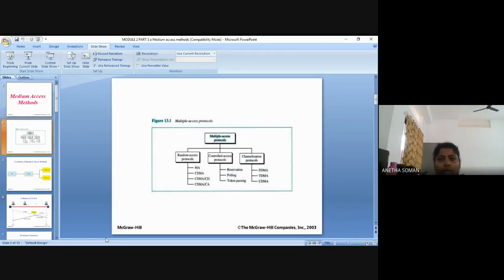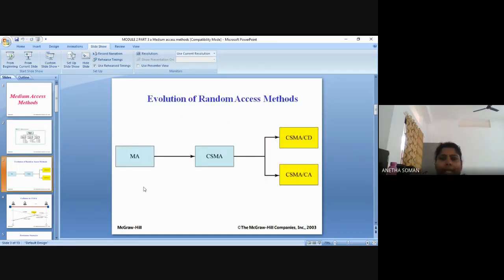I have told you that you can divide it into three different types, and you have to study the first one. Now, the evolution of a random access method. In the beginning, to avoid conflicts over the medium, the multiple access method was developed first. After that, the second method, carrier sense multiple access, was developed.